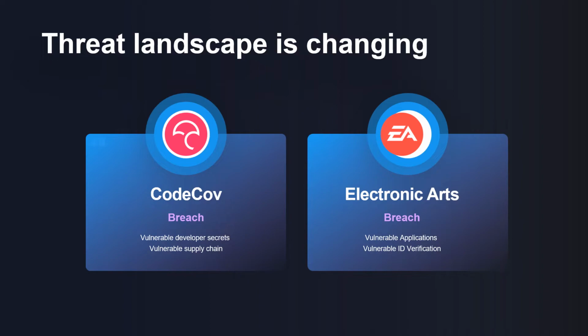Another example is EA. EA recently had source code from one of their games stolen due to stolen cookies that contain Slack login information. They didn't have the secret or identity protections needed, and these vulnerabilities became an easy target.